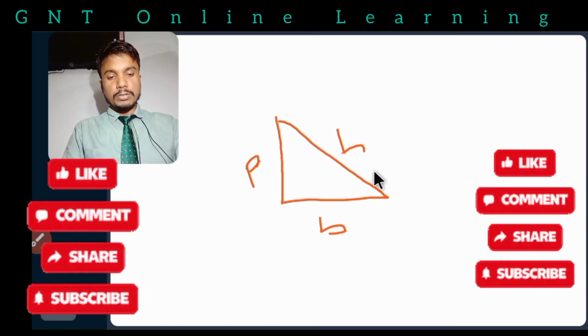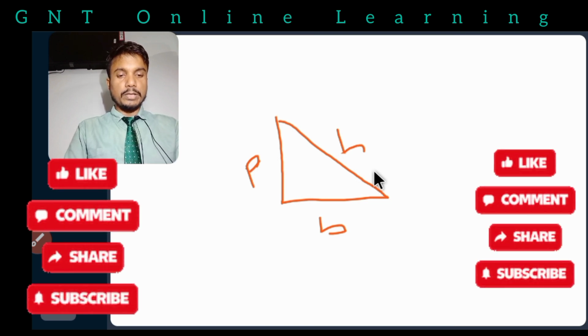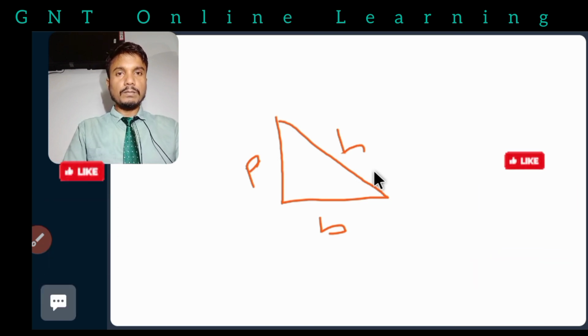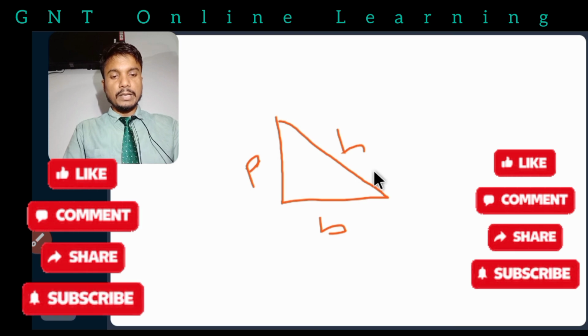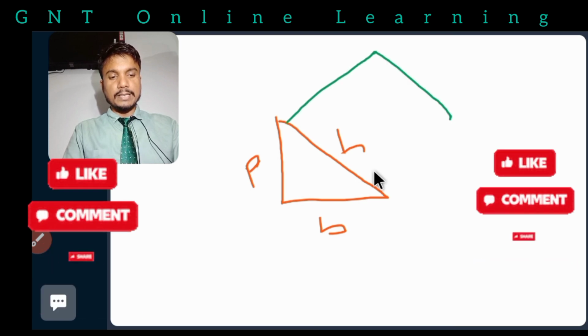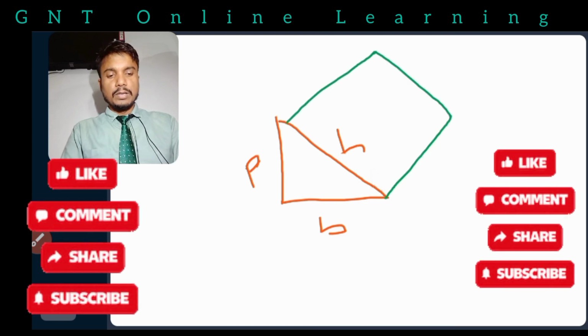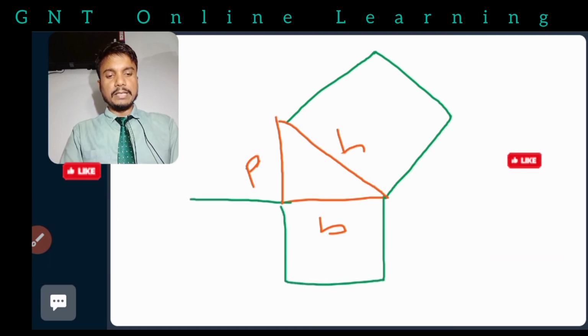Let me draw here one square. Say that it's a square. Now a square will be here also, and say that here we have a square.